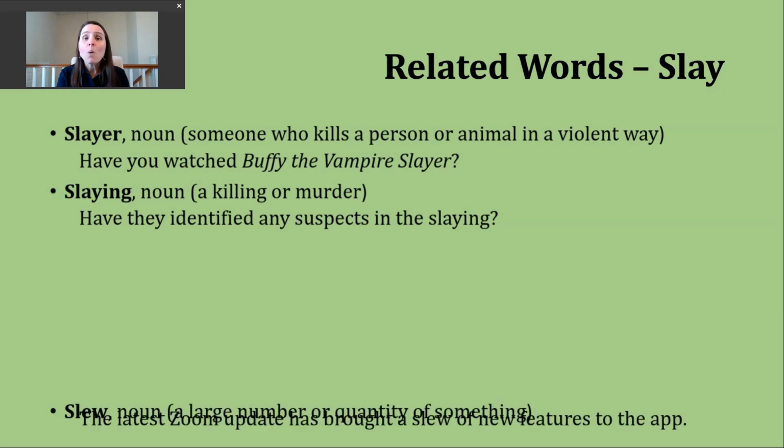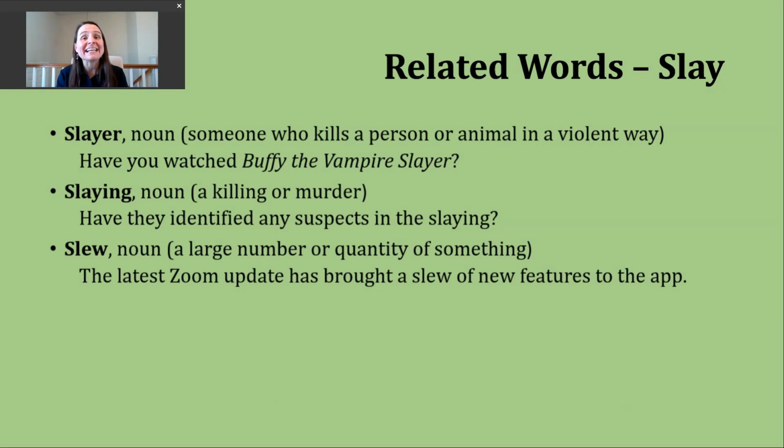Okay. One last word. We talked about the irregular form of the past tense of the verb slay. We said that was slew. You might hear slew used as a noun to mean that there's a large quantity of something. So, an example of how I saw this used recently was the latest Zoom update has brought a slew of new features to the app.